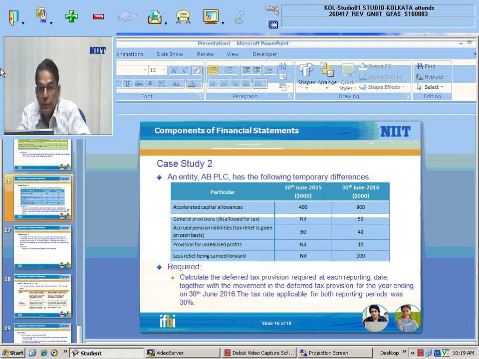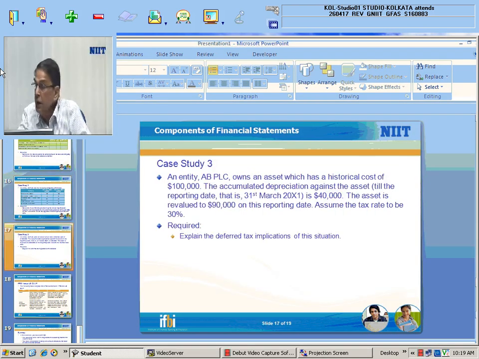Third case study. An entity AB PLC owns an asset which has a historical cost of 100,000. That means the original purchase price is 100,000. The accumulated depreciation against the asset till the reporting date, that is 31st March 20X1, is 40,000. The asset is revalued to 90,000 on this reporting date, and assume the tax rate to be 30%.